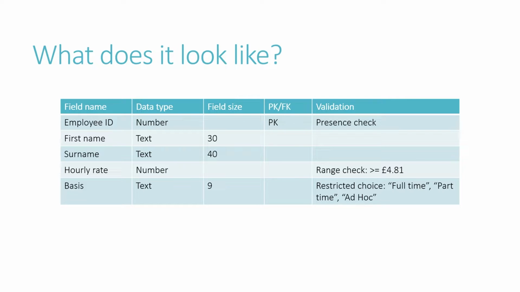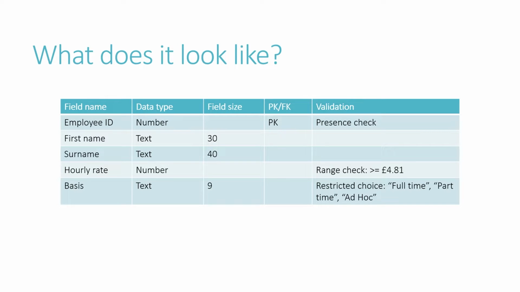So first name, it will set aside 30 bytes. For surname, it will set aside 40 bytes. Now, if you didn't have a field size, it would just have an unlimited number of bytes, potentially, set aside for each of those text fields in each record. And as you can imagine, that would explode into enormous file sizes for each database. So that's why we set a field size for each text field.